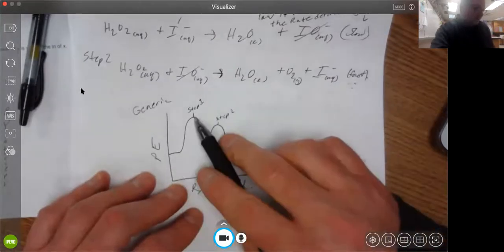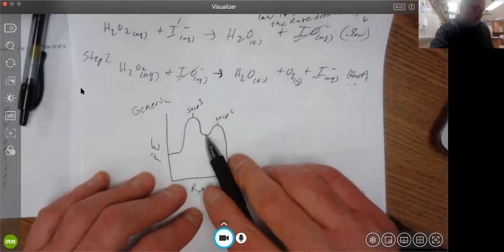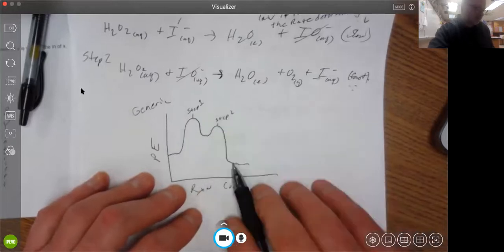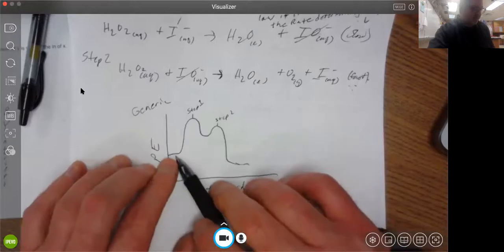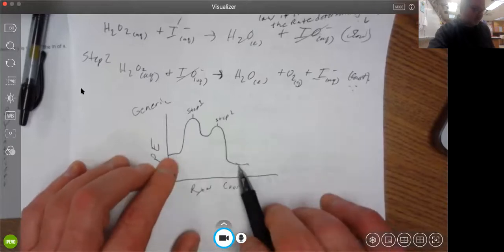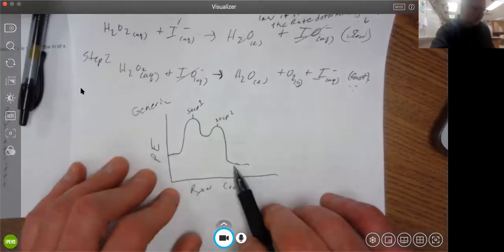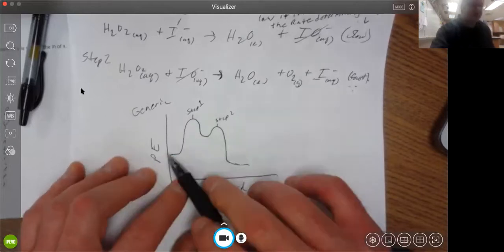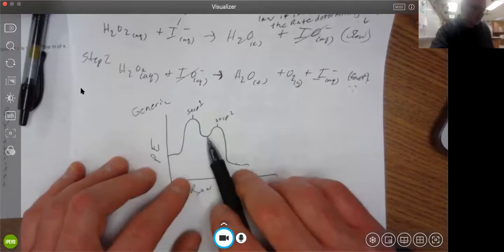You can see they have to get the activation energy here, and then they form these intermediates, which are short-lived, to get the products. Again, this overall reaction is exothermic, but that first step there, it looks like it was endothermic. So step 1 was endothermic, overall reaction exothermic.